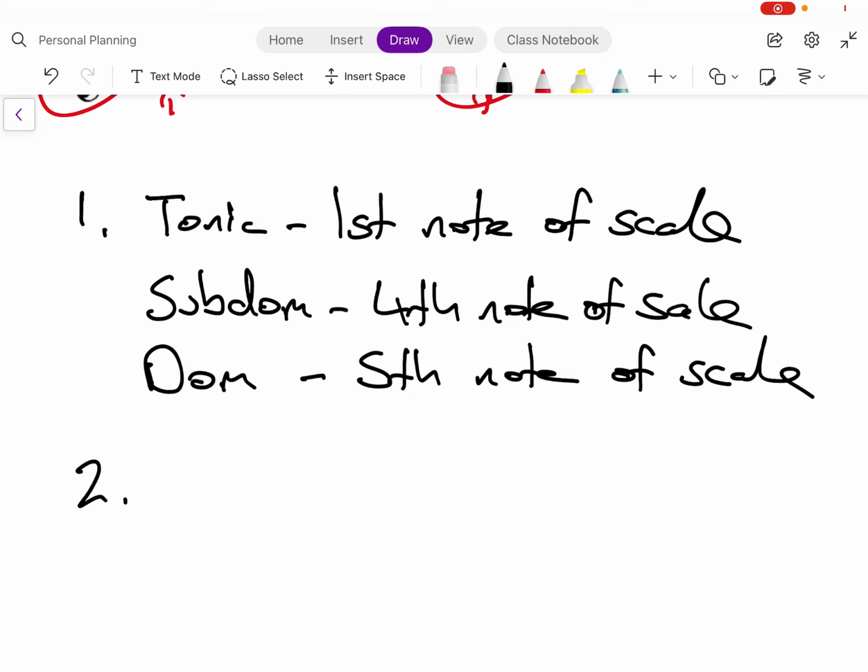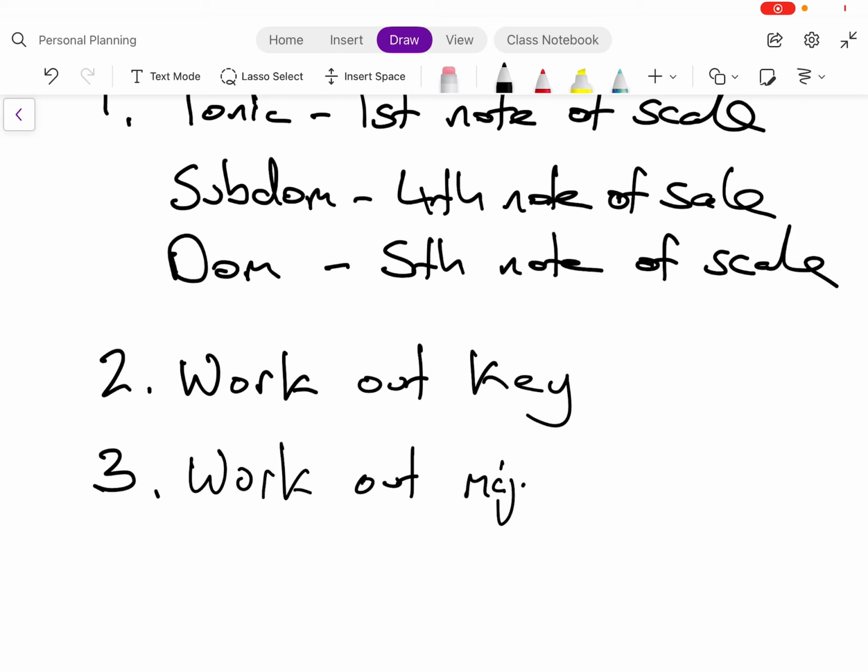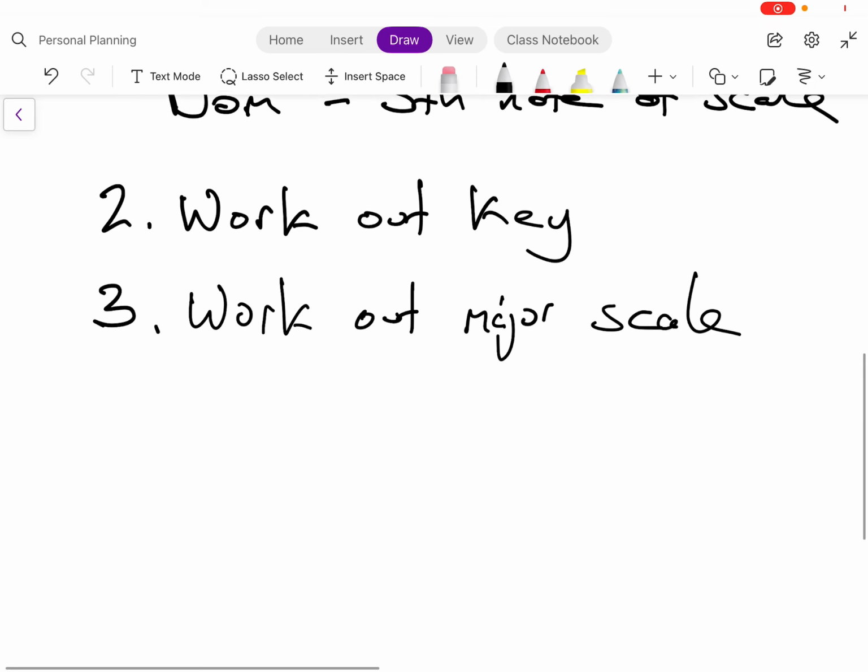Second thing, when you get the question, you need to work out the key signature of the music. So work out what key the piece is in. Then the third thing you do is work out the major scale. So remember, if the piece is in G major, that means you work out the G major scale. If the piece is in F major, you work out the F major scale. If the piece is in C major, you work out the C major scale.